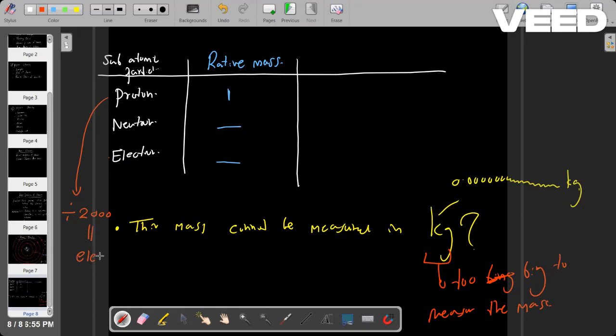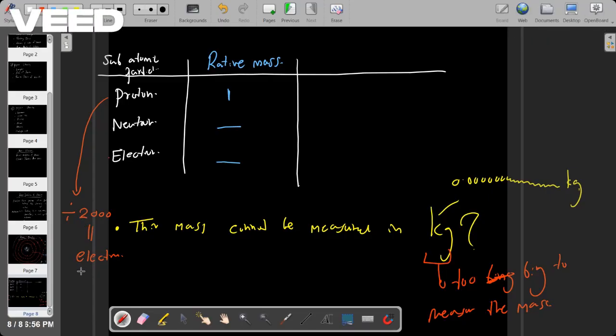Right? That is what they found. You take a proton, you divide it into 2000 parts, the mass of that one part is equal to the mass of an electron.